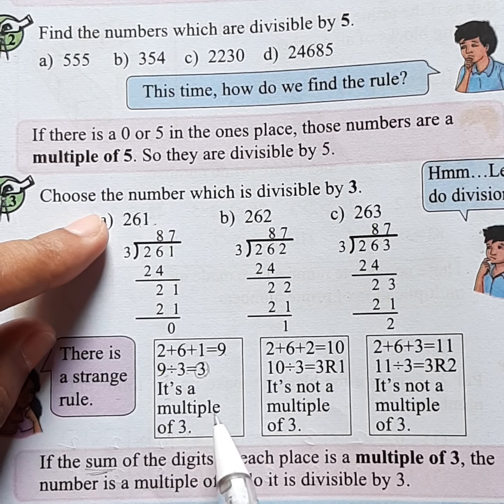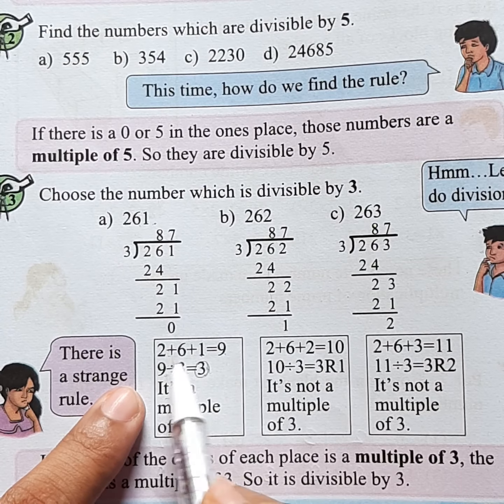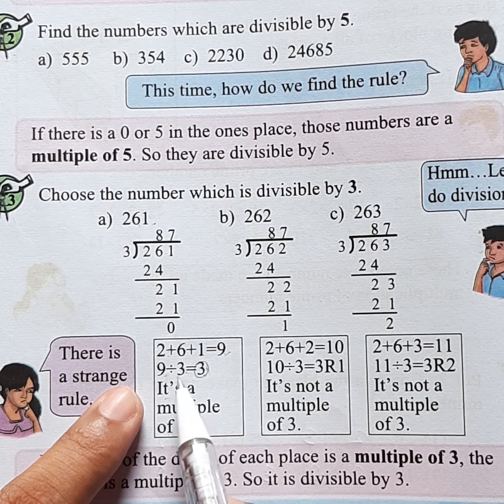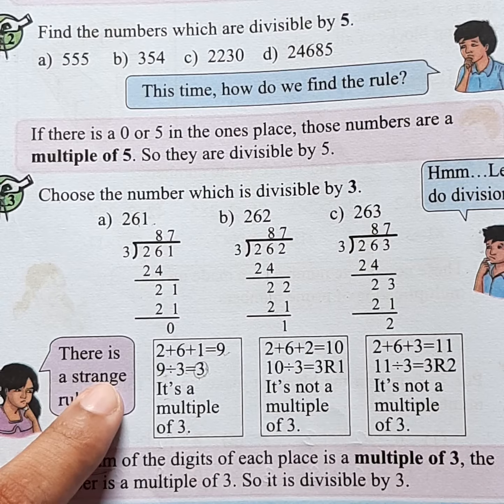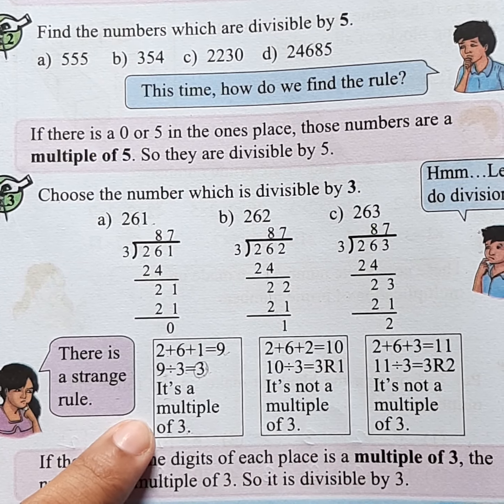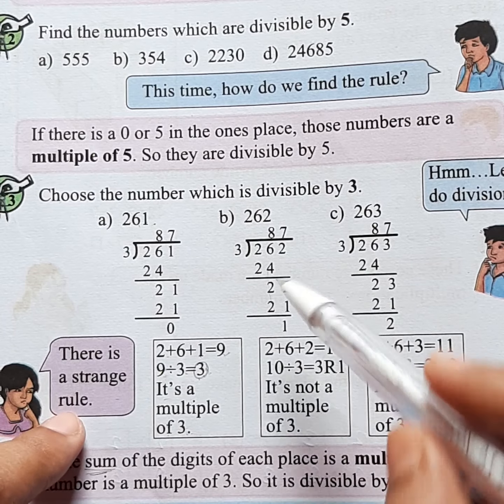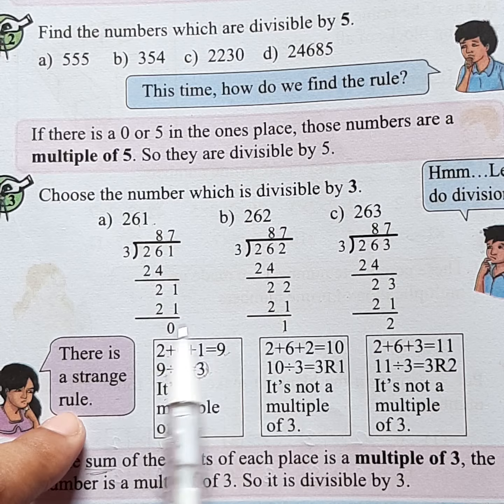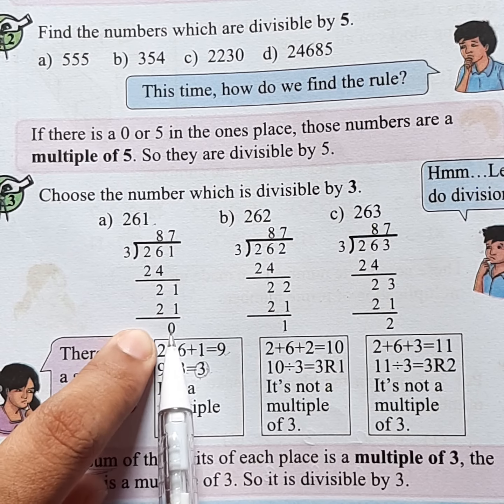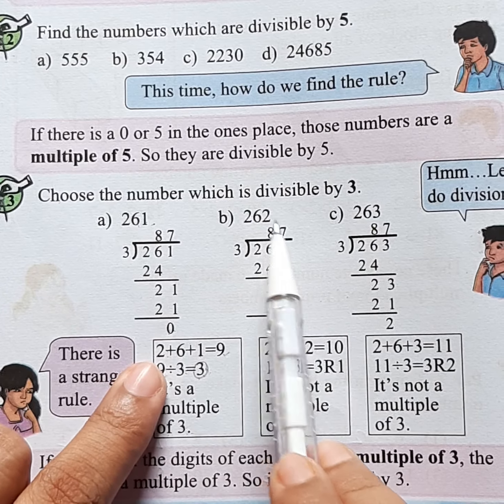Okay, this is why they are saying that if the summation of the digits can be divided with 3, then if it is actually a multiple of 3, the number can also be divided with 3. Here the other thing, you can see there is no remainder.